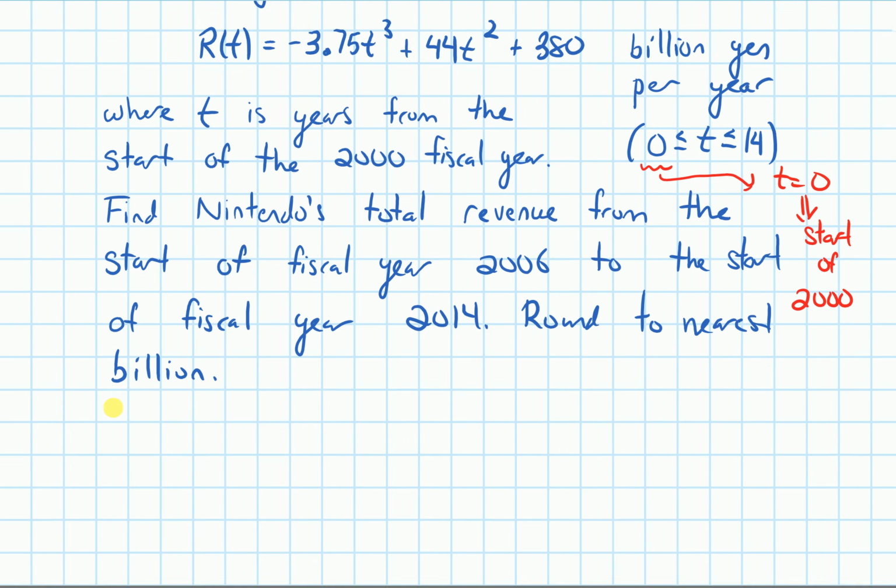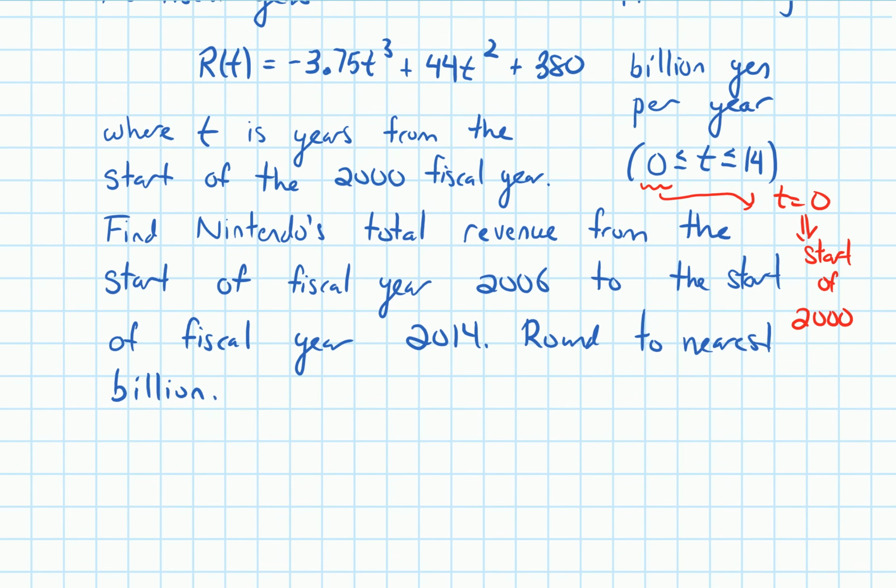Okay, so let's scroll it down a little bit more. All right, so we want the total, I'm going to practice using that terminology, total value from the start of 2006, which is t equals 6. It's 6 years from the start of 2000. Okay, and then 2014 would be t equals 14.